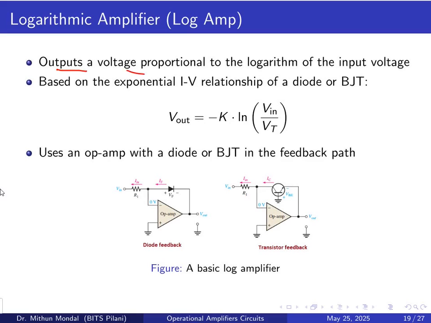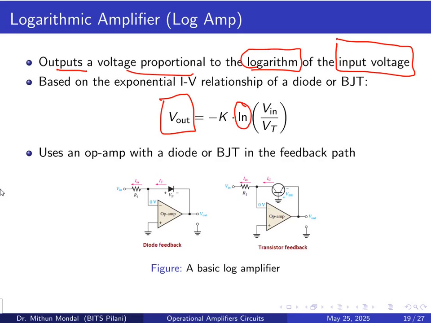The output that you get is a voltage proportional to the logarithm of the input voltage. So if you see the output voltage, it is basically the natural logarithm of the input voltage divided by some constant Vt, which is the thermal voltage. And here also a constant is multiplied, and a negative sign is there because we are connecting to the inverting terminal.